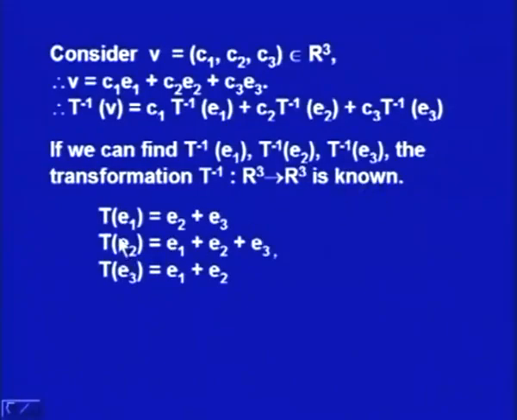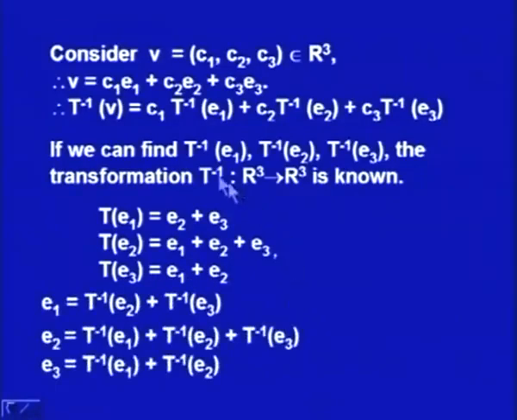Now, what is given to us is T E1 is equal to E2 plus E3, T of E2 is equal to E1 plus E2 plus E3, T of E3 is equal to E1 plus E2. We are trying to find out T inverse E1, T inverse E2 and T inverse E3, and if we can find that, we can find out the inverse transformation. So, that is what we are going to do here. So, from this we can write down E1 is equal to T inverse E2 plus T inverse E3.